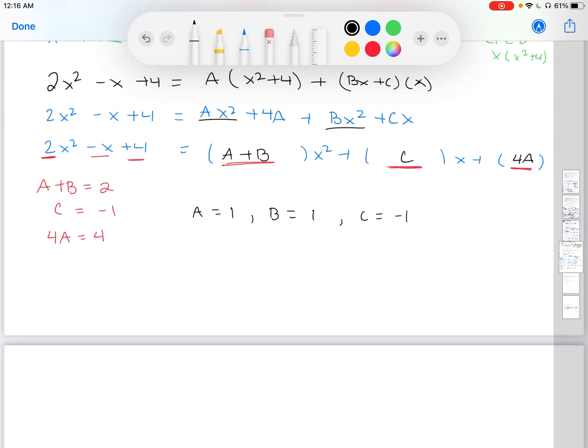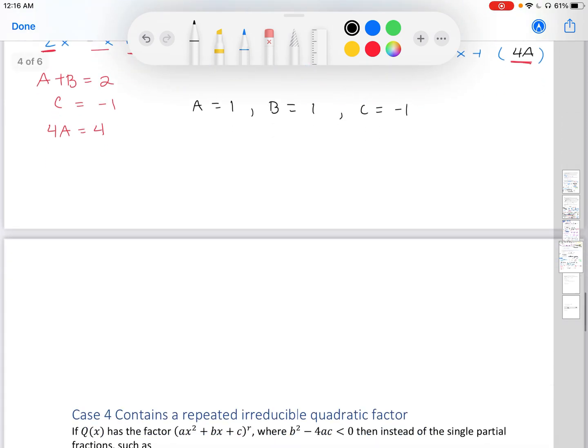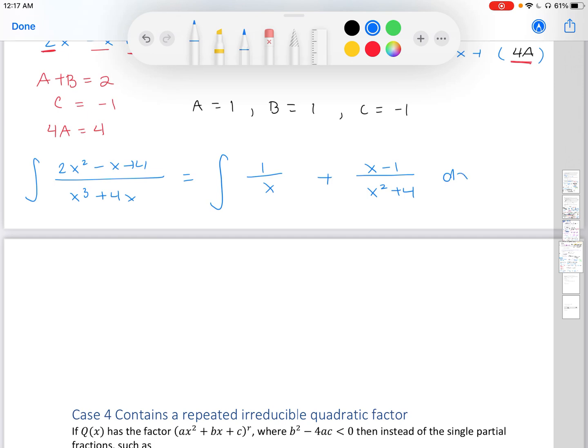All right, let's go ahead and rewrite our integration problem. So we started off with 2x squared minus x plus 4 over x cubed plus 4x, which was not something we can integrate. We use partial fractions or fraction decomposition to get the integral of 1 over x plus x minus 1 over x squared plus 4 dx.